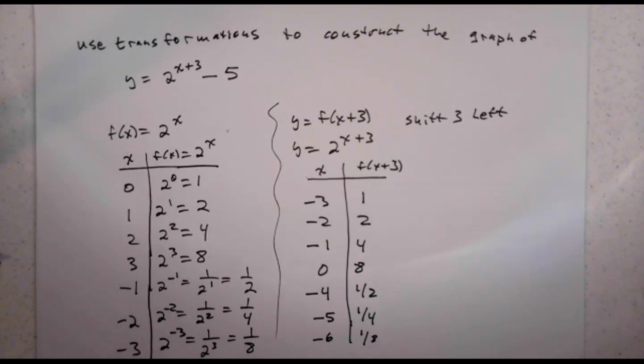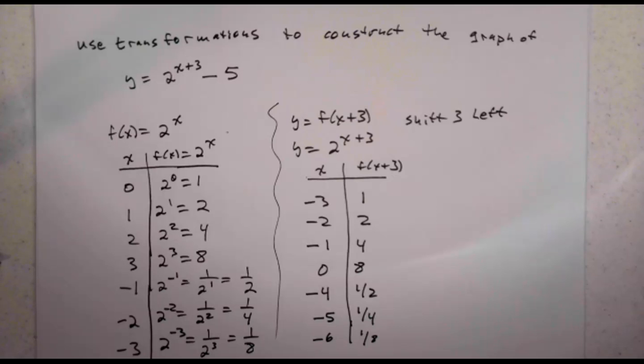So that should be the graph that I get when I have y equals f of x plus 3 or y equals 2 to the x plus 3. That's going to correspond to shifting 3 places to the left. Now, can I see that? So if I take all of these points, and I shift everything 3 places to the left.